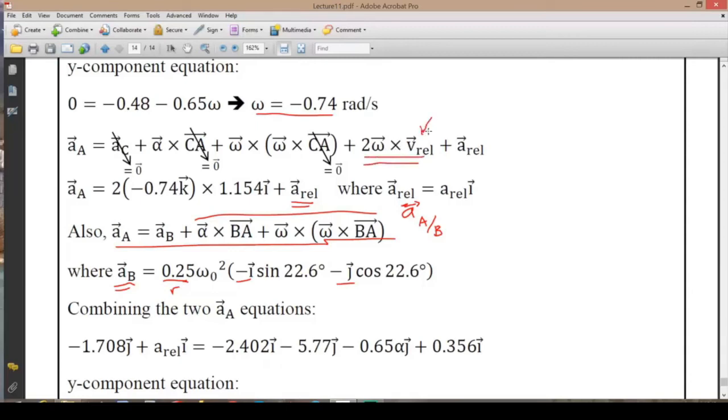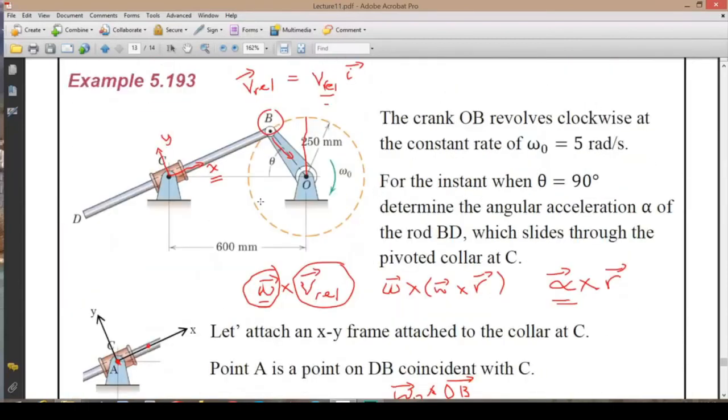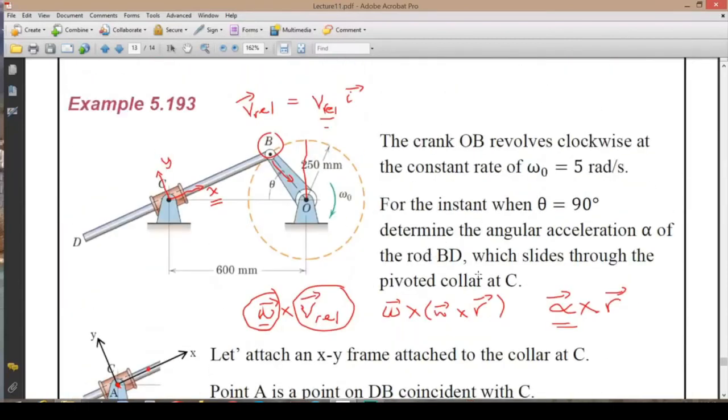V relative is something that we have solved already, and A relative is something we don't know. But what we know about A relative is that it's going to be in the x direction for sure. We have already found out around here that V relative is in the i direction. Therefore, A relative should be in the i direction relative to this color.